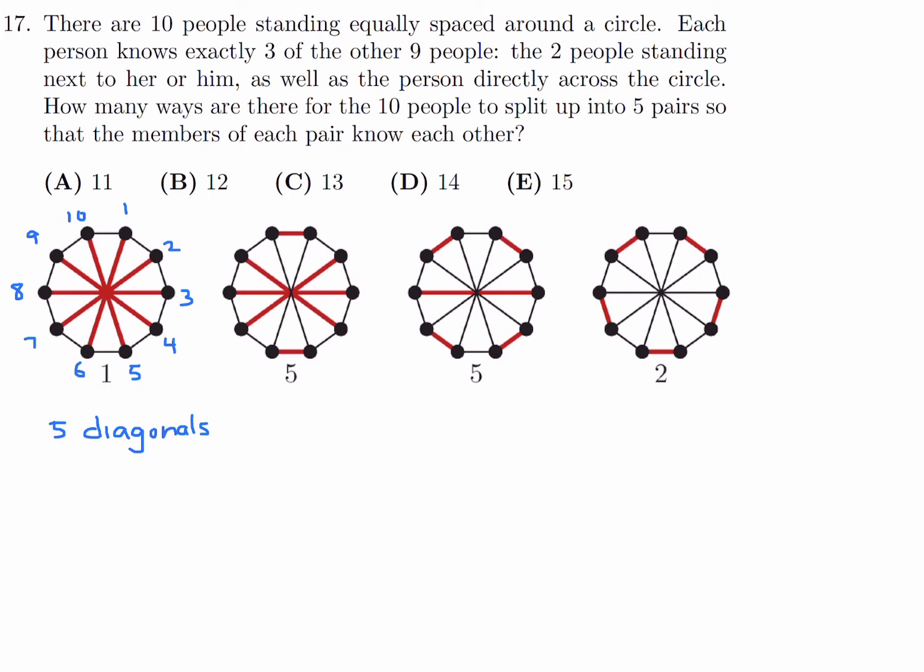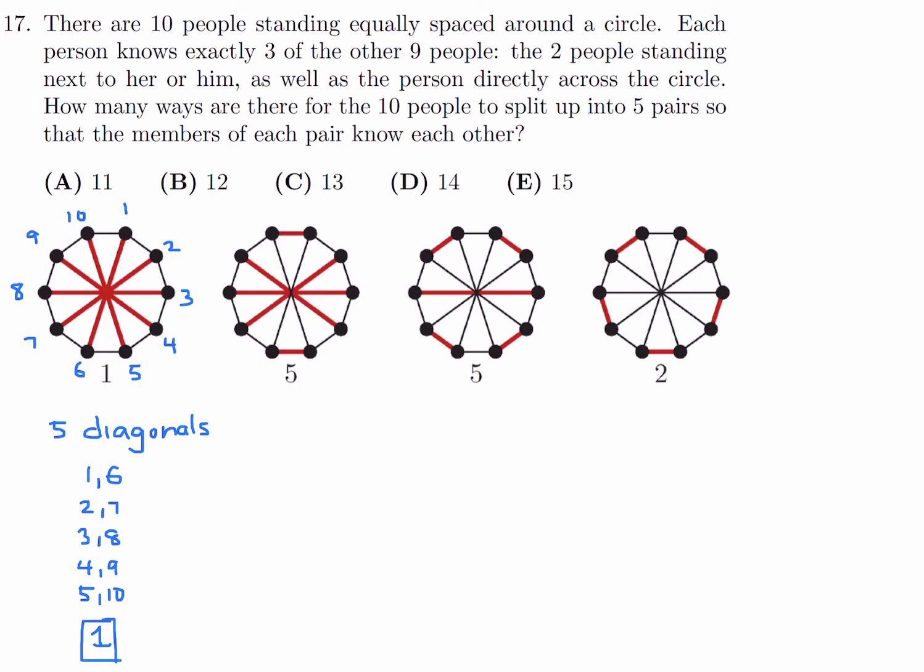Well, that would basically mean that we would have 1 with 6, that's this diagonal. Then you'd have 2 with 7, and then 3 with 8, and then 4 with 9, and finally 5 with 10. And there's only one way of creating such a scenario.